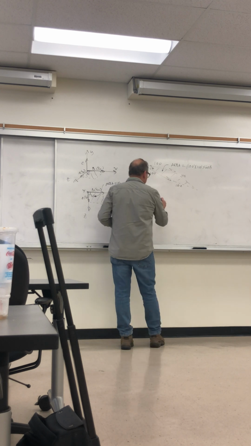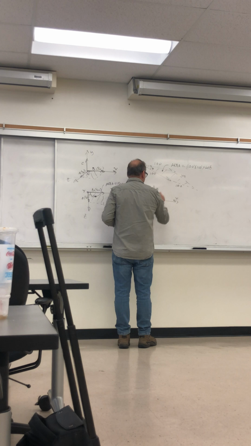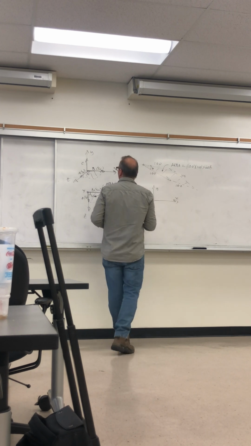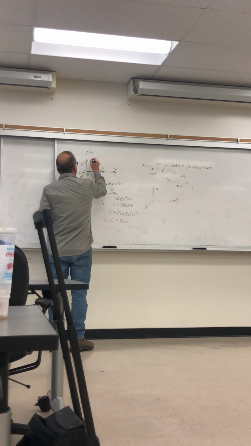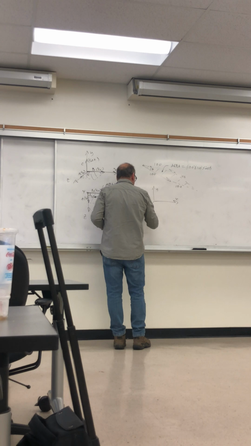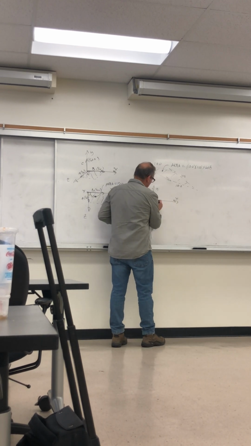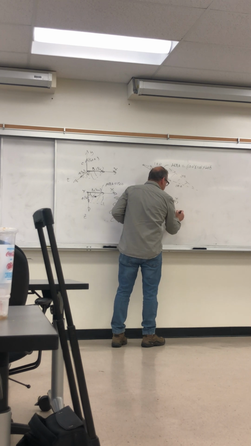That's again X, Y. Oh, I didn't put the value here. This is 1500. X, Y, and Z here. And again, in the XZ plane, I have, in this case, this one's 100.